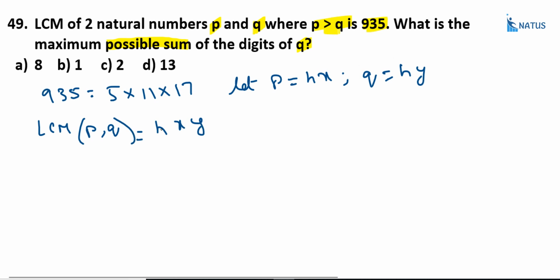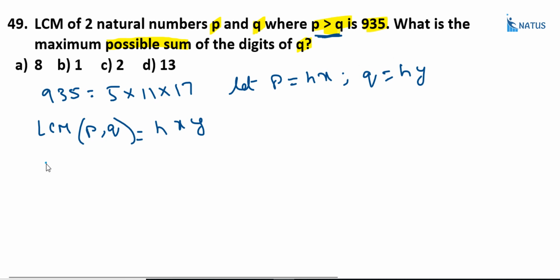Now, if h equals 5, we will take p and q as 11 or 17, whichever it is. But you must observe that p is greater than q. That must be observed. Now, you take a trial and error process.